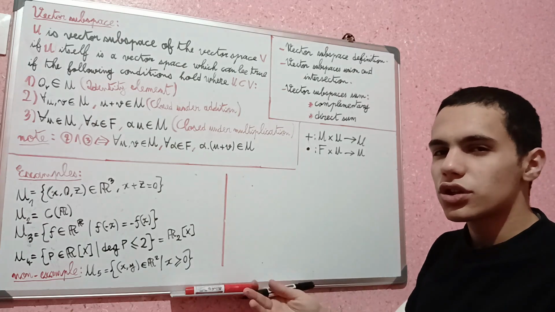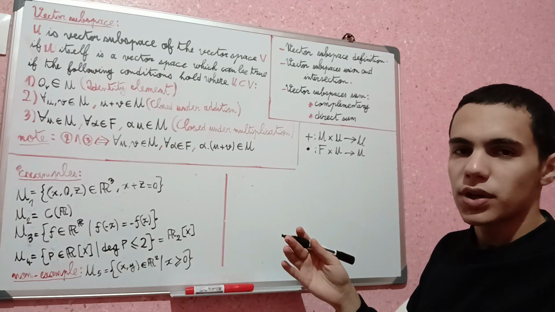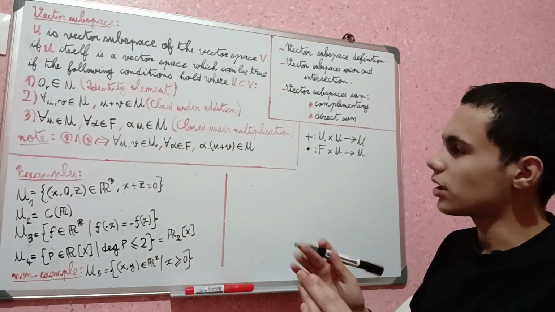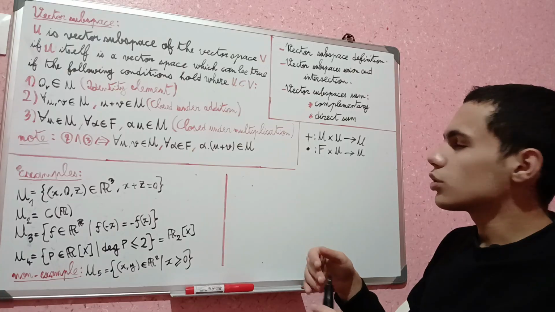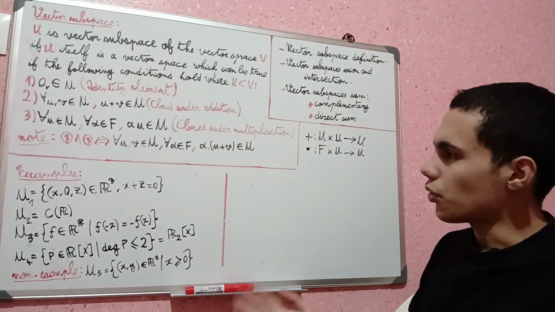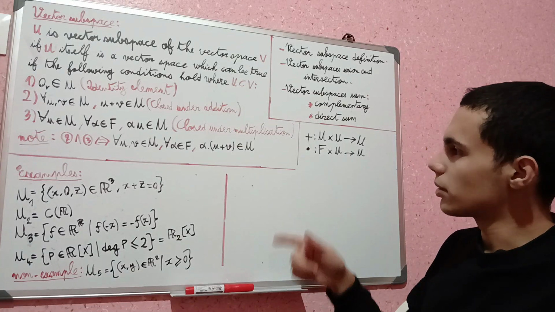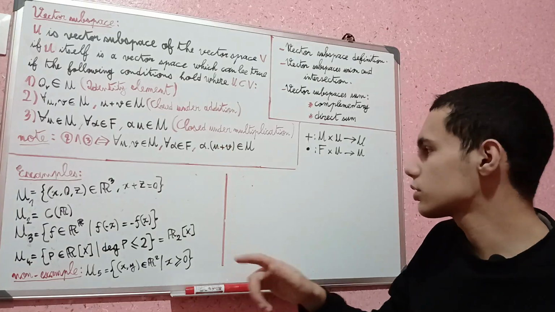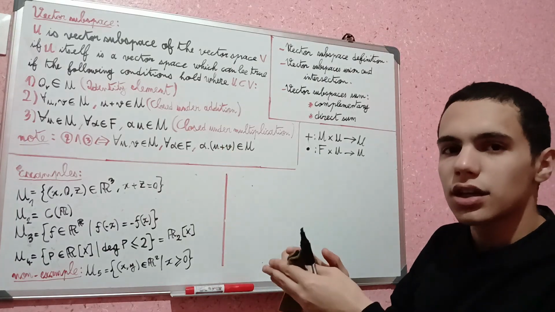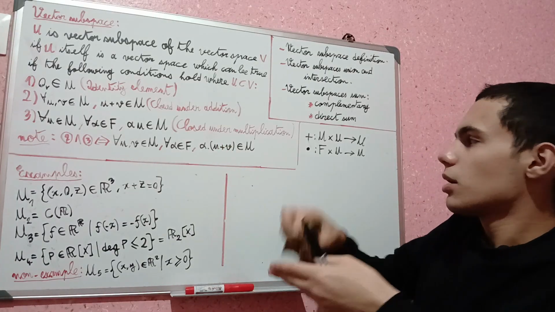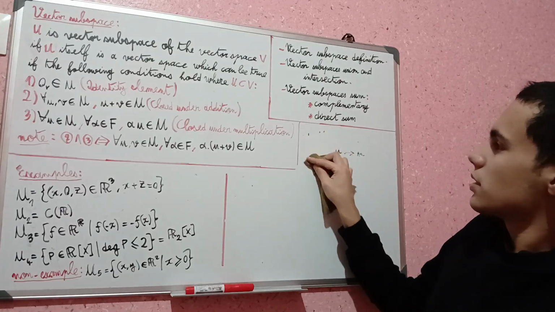In a vector space generally these are automatically proven, but in a vector subspace you need to prove them because results can go outside the vector subspace.